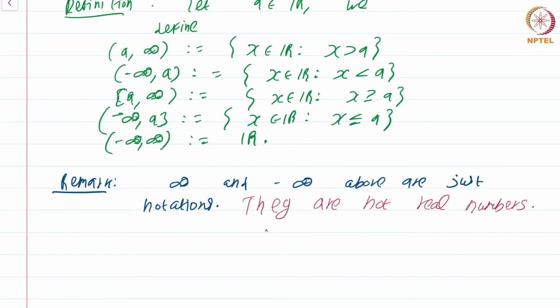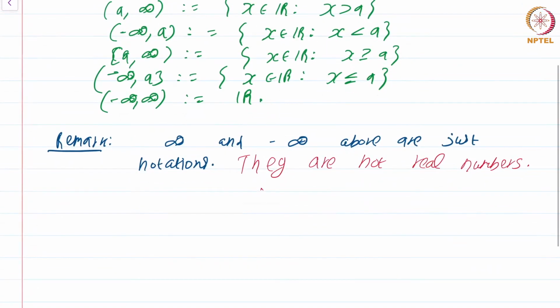So there are several definitions we'll have to make. First, let's make the definition of a set having arbitrarily large elements.